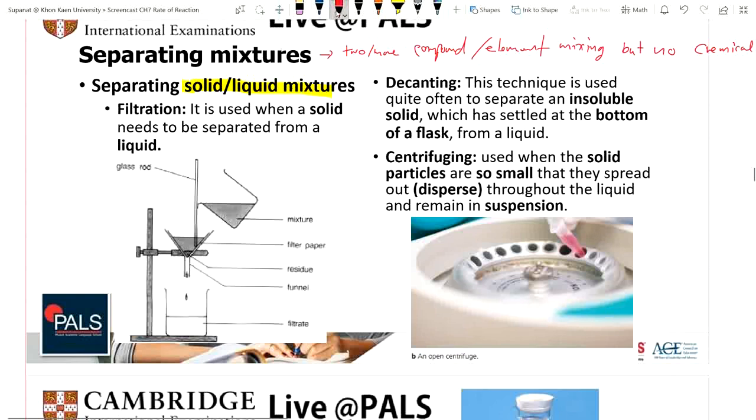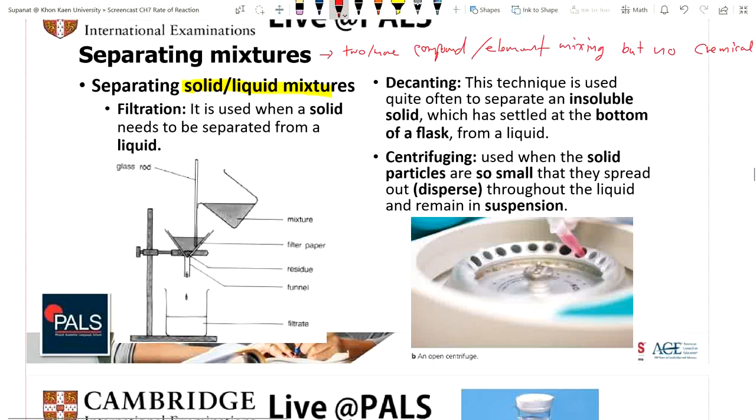For the solid-liquid mixture, the first method is filtration. Filtration is used when the solid needs to be separated from the liquid. Okay, see the picture here. This is the apparatus to separate the solid-liquid mixture, the filtration kit.